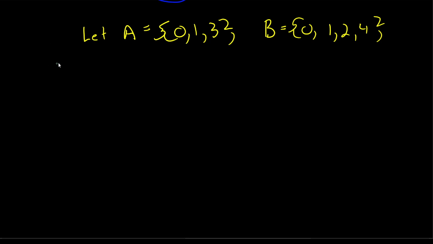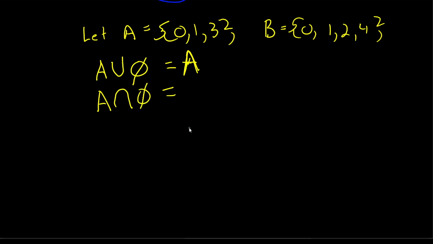Alright, so if I take A and I union it with the empty set, I need everything that's in the empty set and everything in set A, well then that's going to be set A all over again. If I take the intersection, everything that's both in the empty set and in A, that's the empty set because there's nothing they share.